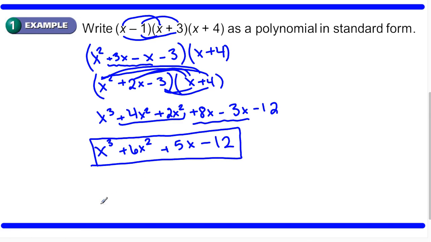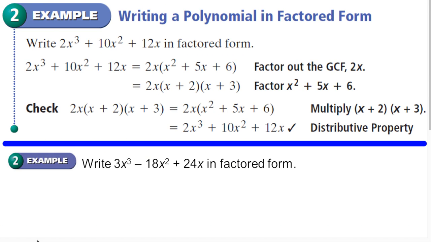Awesome. All right, now let's go ahead and take a look at example 2, which has writing a polynomial in factored form. So now what we're doing is we're undoing what we just did. This is the fun part, and yes, that does have a little bit of seasoning of sarcasm there. All right, so we've got 2x cubed plus 10x squared plus 12x. So the first thing you identify is that each of these terms has an x.